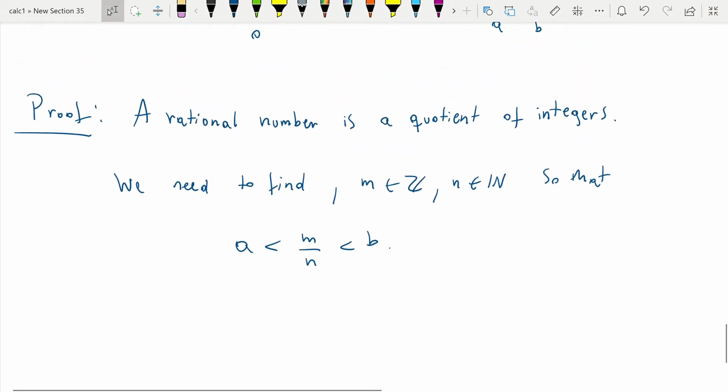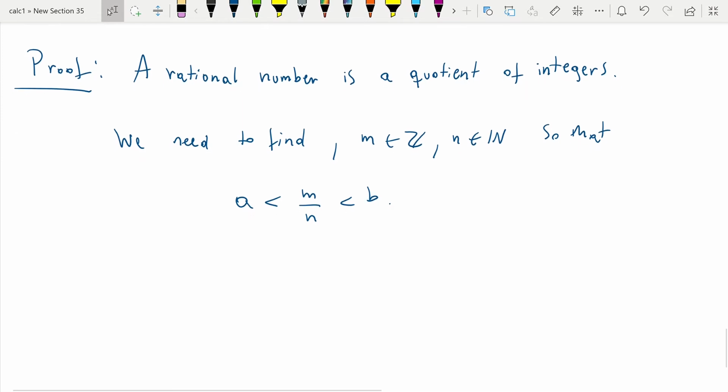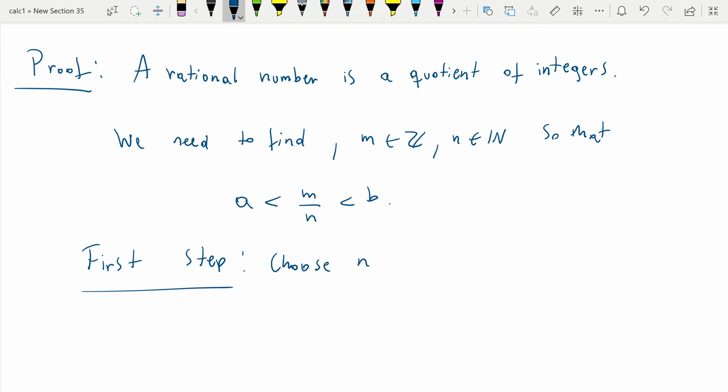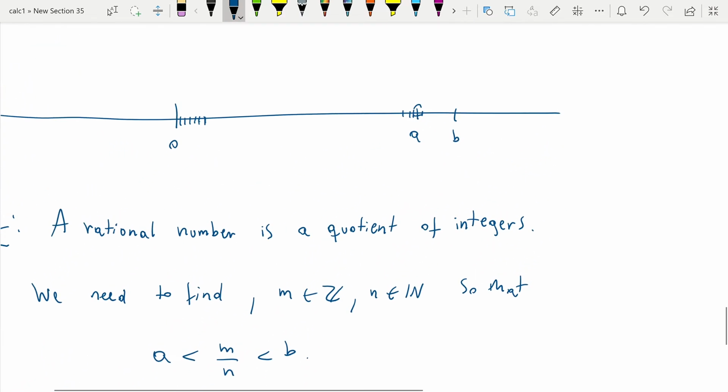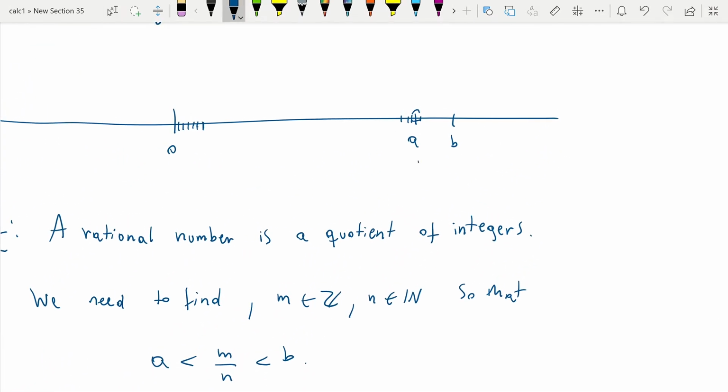And as we said, the first step is to choose n. Choose n. So how big do we want n to be? So we want this width to be larger than 1 over n.